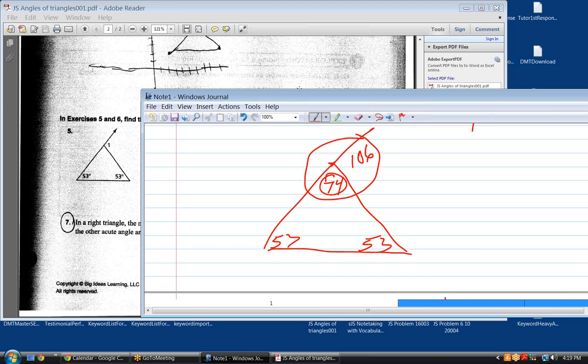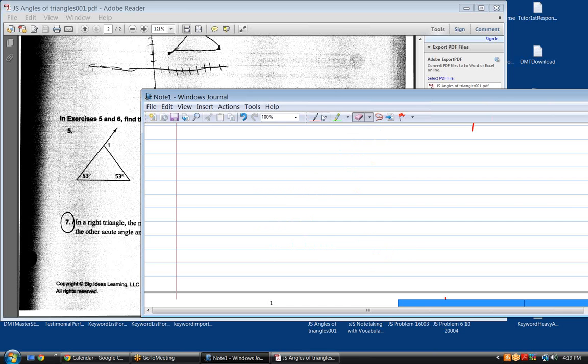But notice that's the hard way to do it, because if you can remember the formula for an exterior angle, it's equal to the sum of those 2 angles, whether they're the same or not. So you just need to add those 2 angles. So let me give you another example.